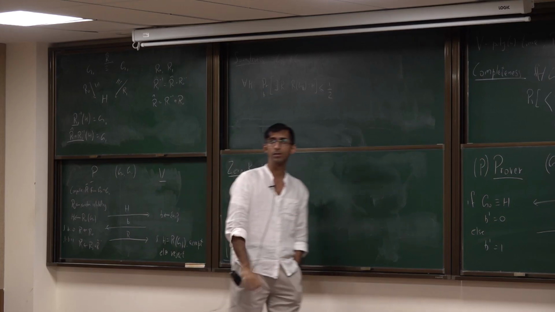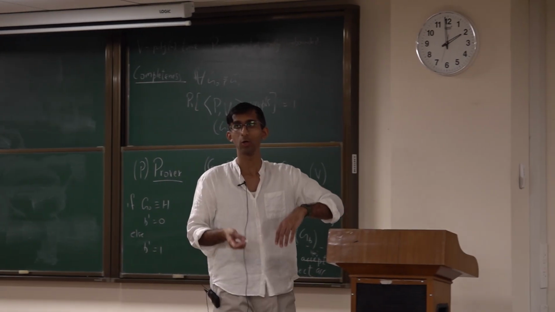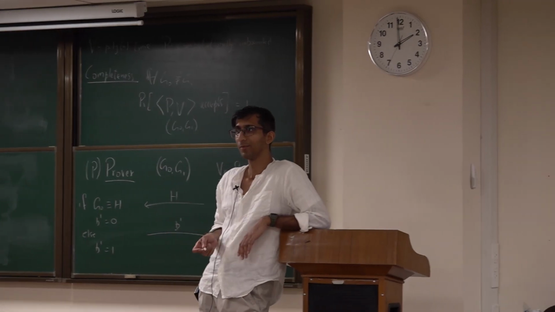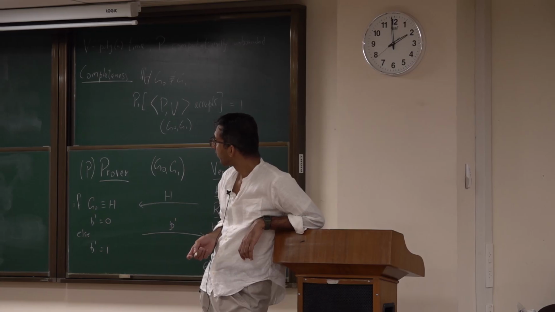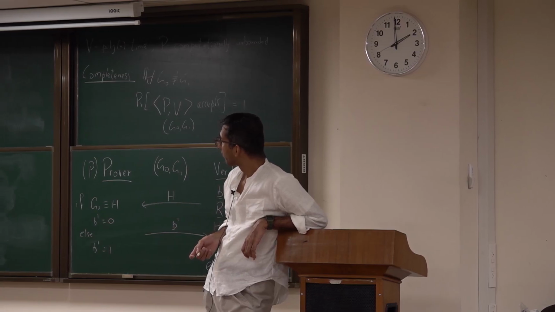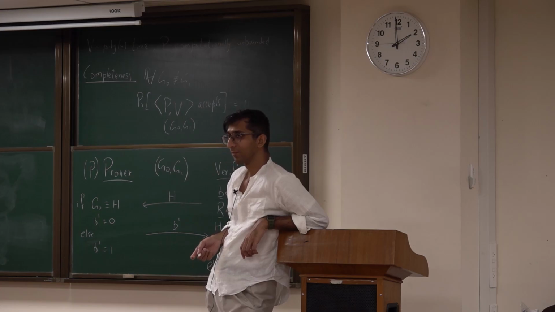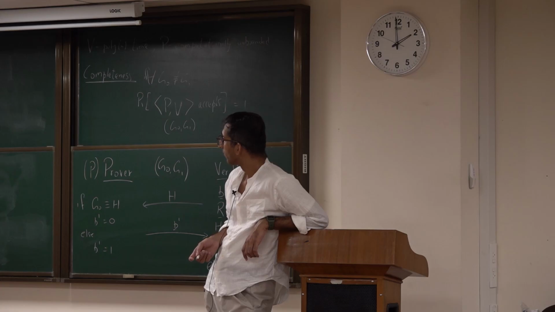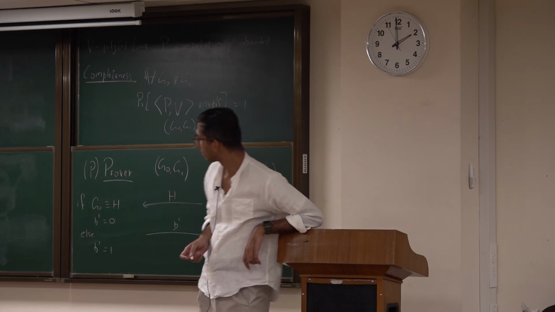So how do we discuss the zero knowledge property? How do we show that the protocol is zero knowledge? In the previous thing, for soundness we check it for all malicious provers, right? So if B is 0, then the probability is 1, conditioned on B being 0.